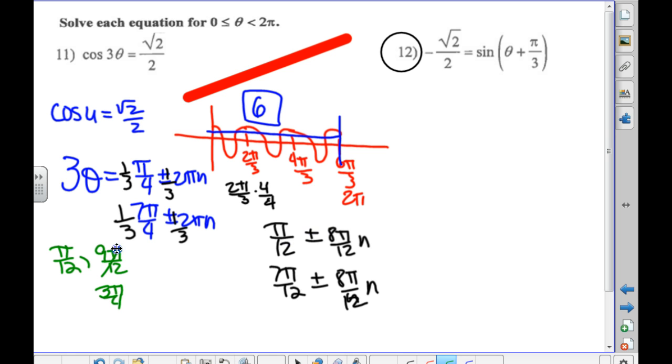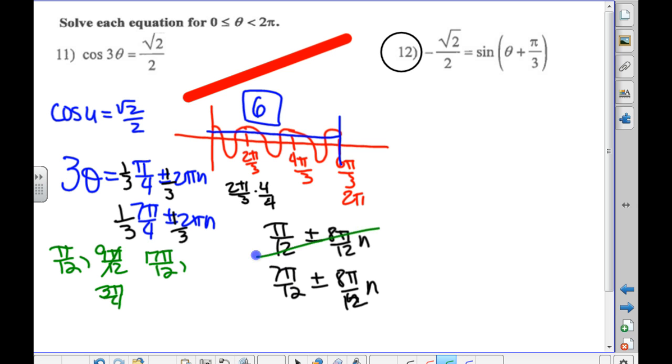Add another 8/12 to this and you get 17 pi over 12, and then 25 pi over 12. 25/12, what do you think? Too big. Okay, we found 3 solutions so far.